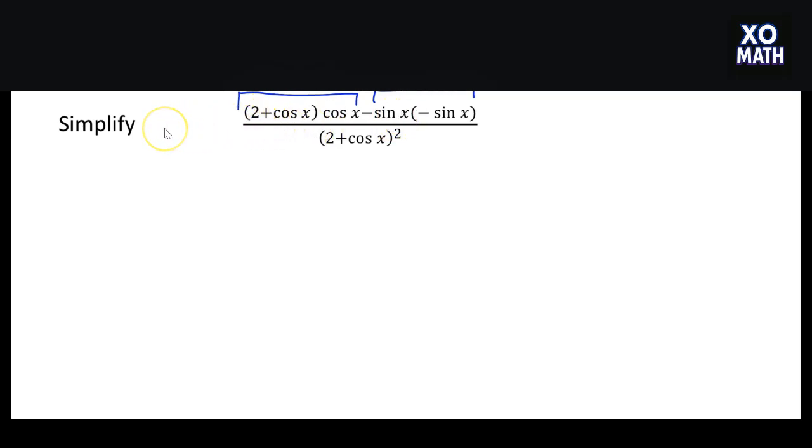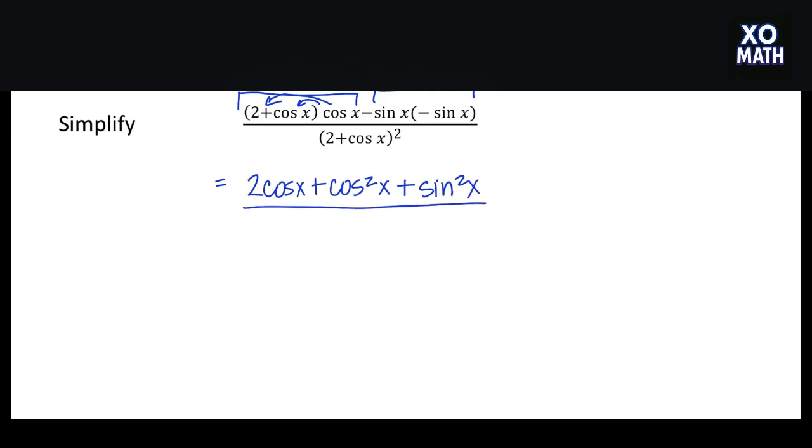So from here I'm going to distribute the cosine x into the 2 plus cosine x. So in the numerator I'll have 2 cosine x plus cosine squared x. And then I'm going to multiply the negative sine x times negative sine x, and that'll give me plus sine squared x, all over the quantity 2 plus cosine x squared.